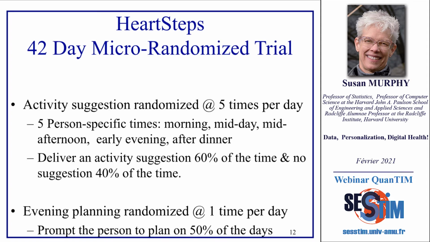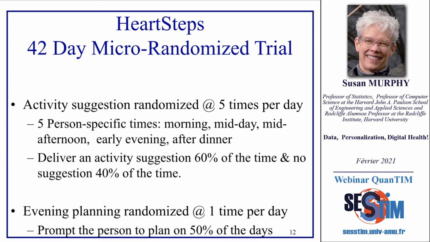So in the case of the first study, the 42-day micro-randomized trial, the activity suggestions were randomized at 5 times per day. These were person-specific times, that person's morning, midday, and so on. And the activity suggestion would be delivered 60% of the time, so around 3 out of the 5 times, and no suggestion at all would be delivered the remaining time.